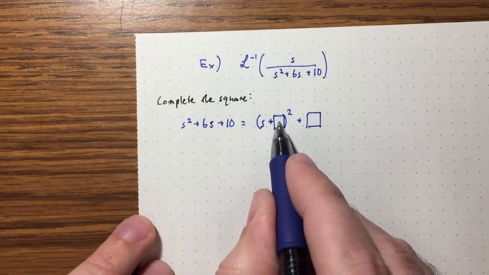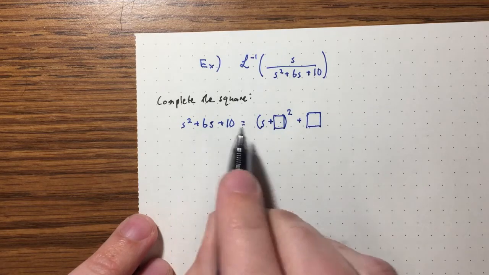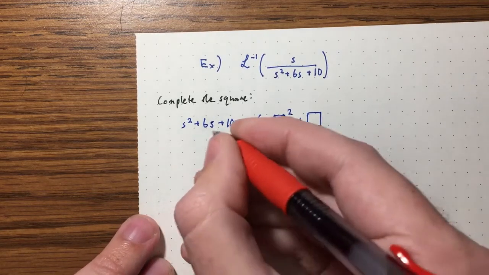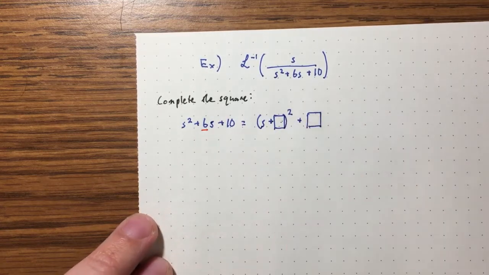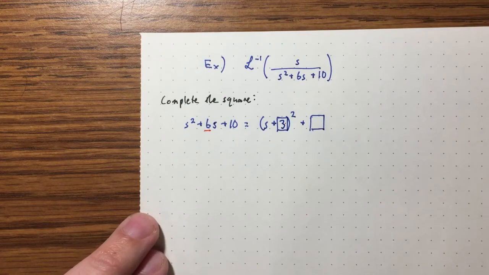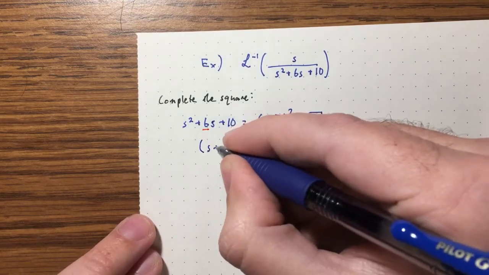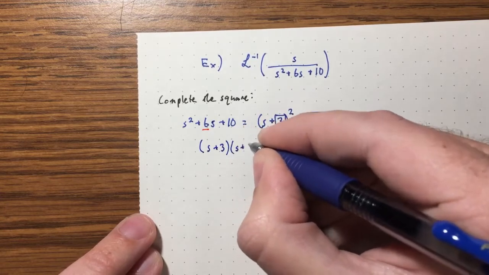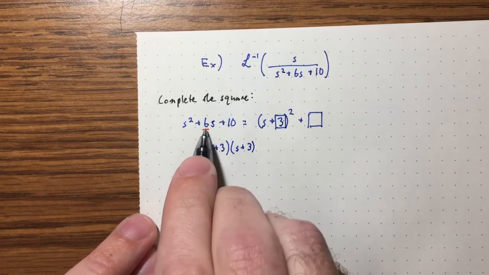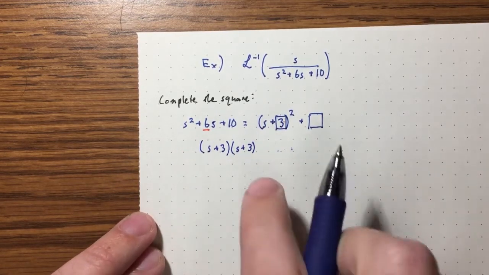Notice that when I square this number, I'm going to get this here, and this is going to be twice that number. So this should be 3. To make this super clear, when I write out s plus 3 times s plus 3, I get s squared plus 3s plus another 3s, so 6s.